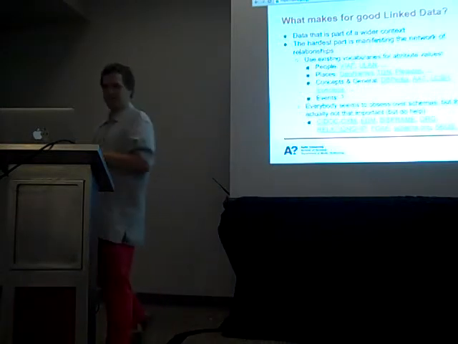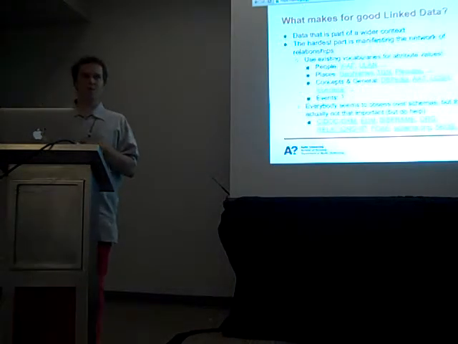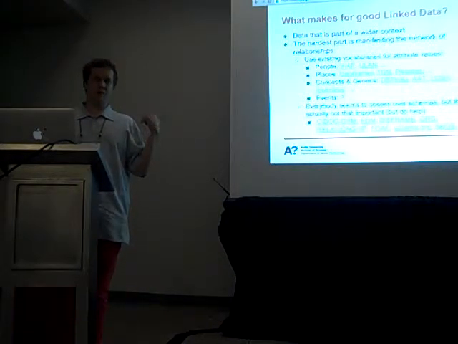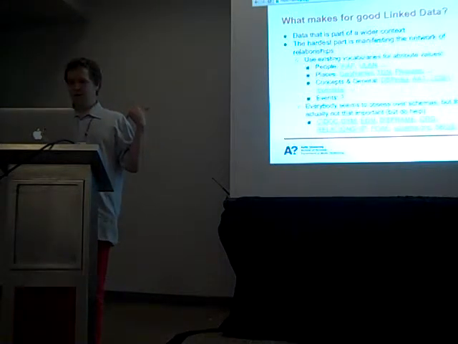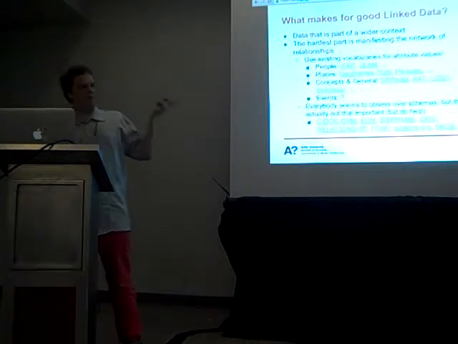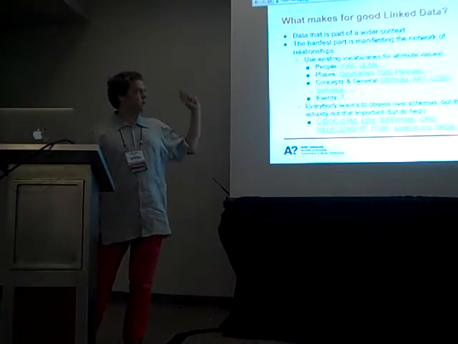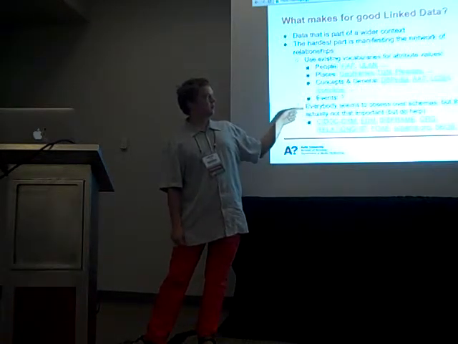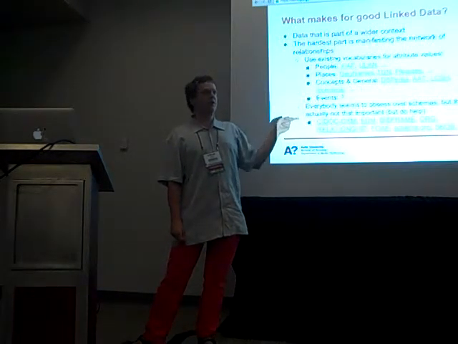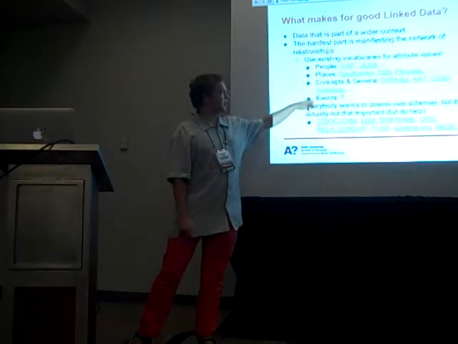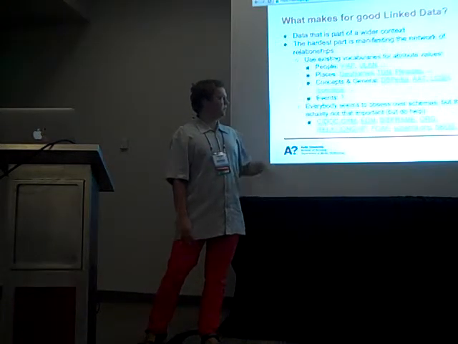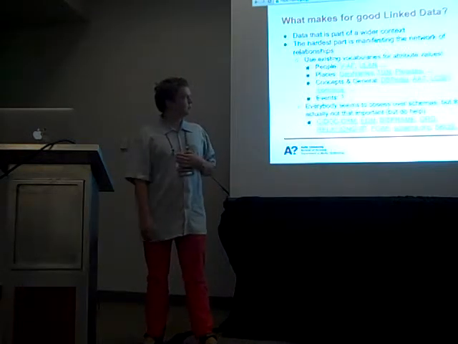Then for places, GeoNames is the most popular, and the Getty Thesaurus of Geographic Names, probably. And for ancient places, there's the Pleiades project. And for general, we have DBpedia, the Getty Art and Architecture Thesaurus, Library of Congress Subject Headings, and works of fine art are often described using Iconclass.